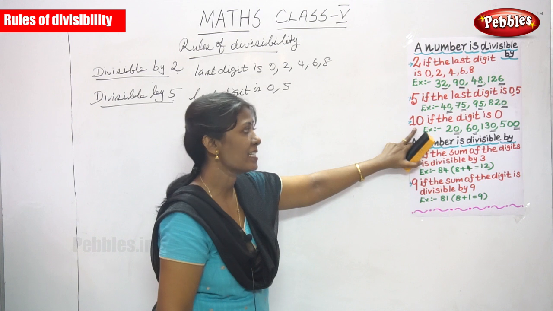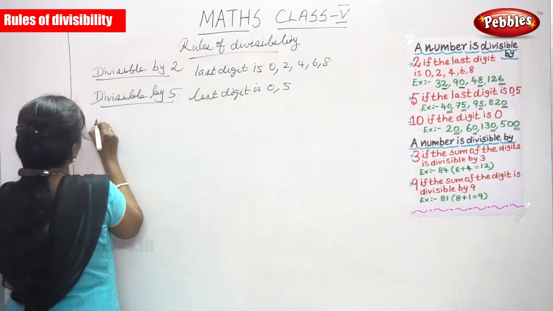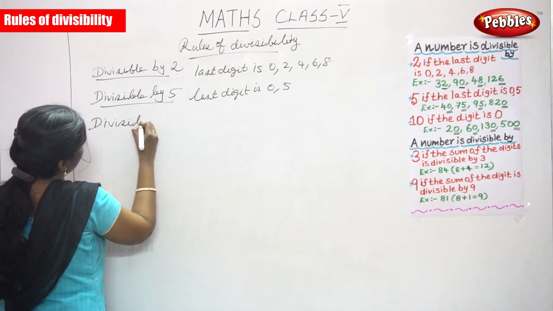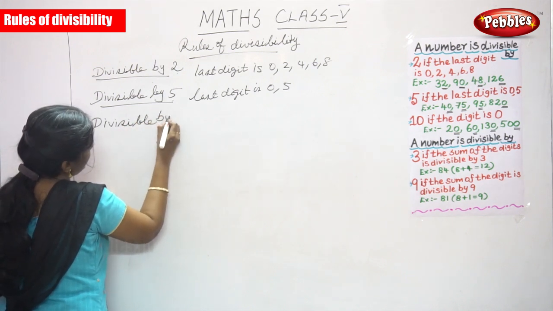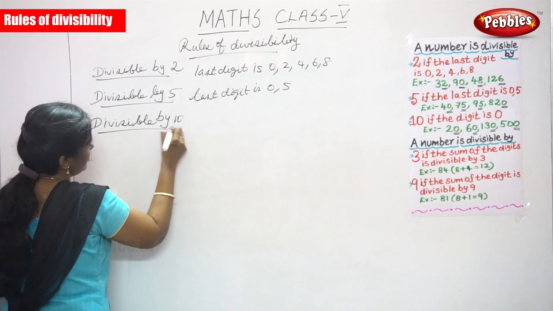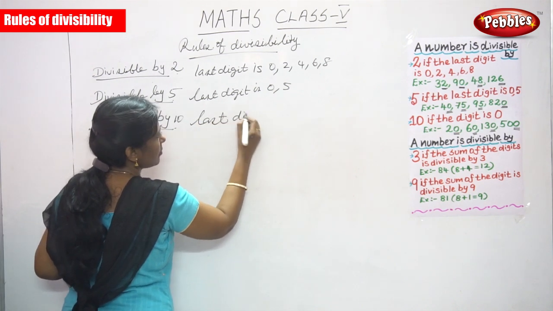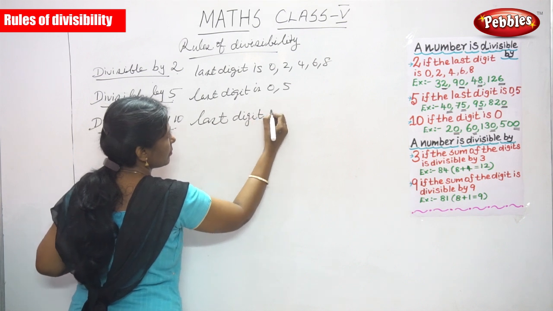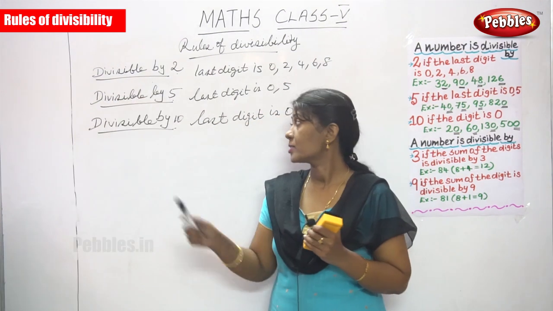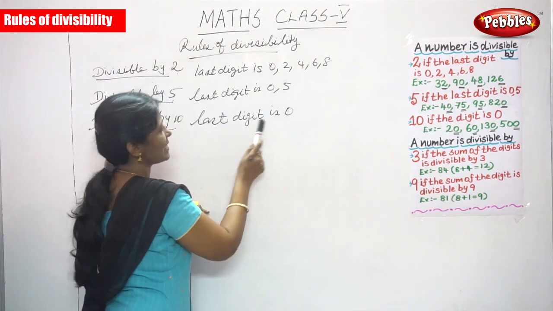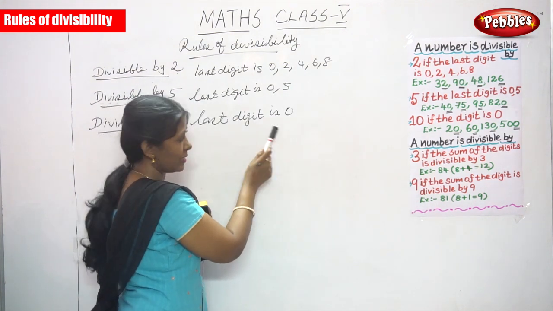I'll repeat: for divisible by 10, the last digit is 0.